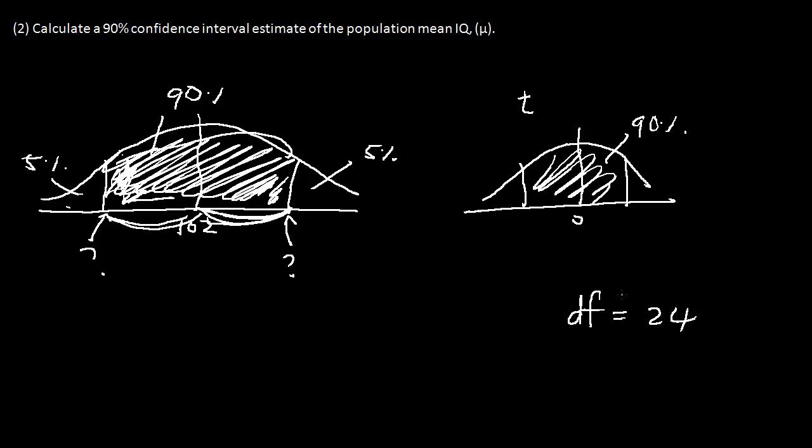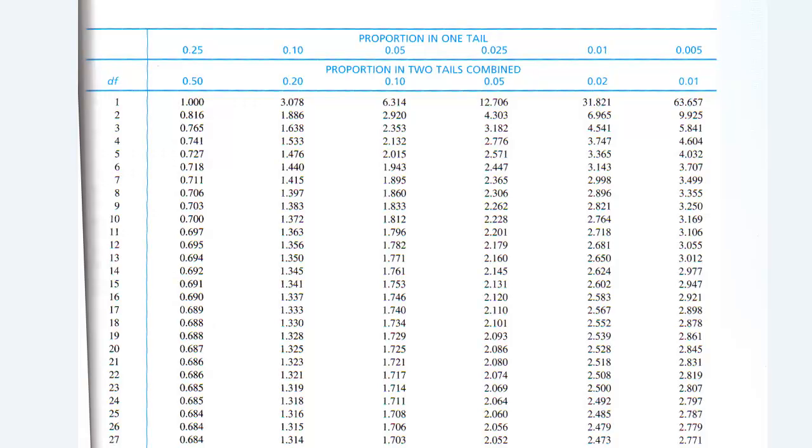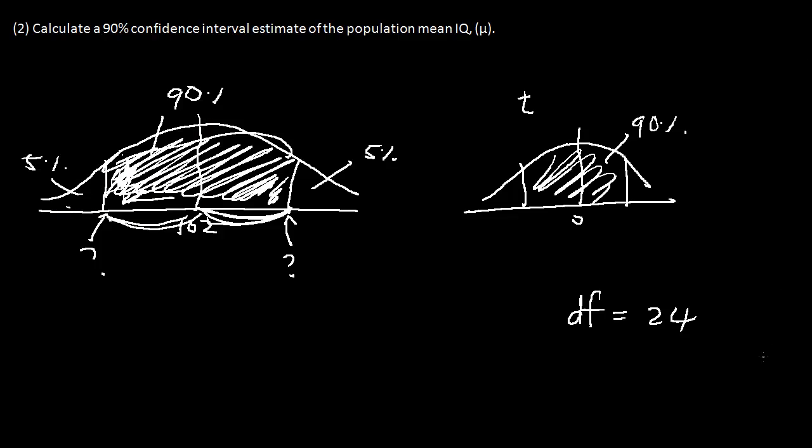So if I use the t-table, two tails combined, this time 10% and 24, it's 1.711.